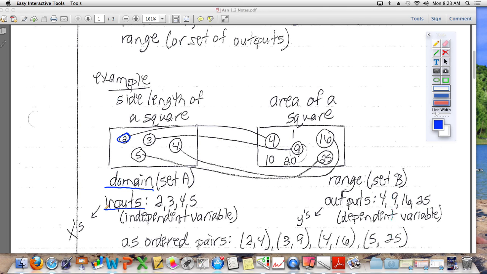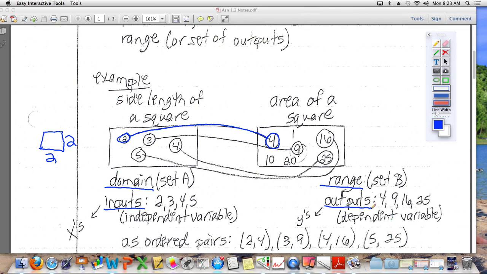4, because you have a square. Draw a square over here, and if you know the side length is 2, the other side length is 2 also. What's the area of that square then? Well, 2 times 2 is 4, so the area of the square would be 4. So this 2 gets what we call mapped to 4 in our set of outputs, which is also known as our range.